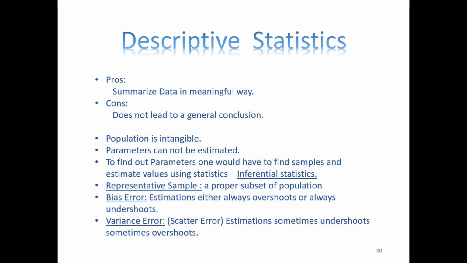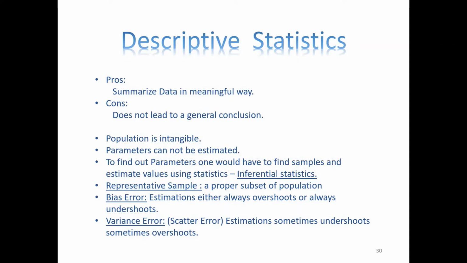So what we do is we use the sample statistics, basically the values associated with the samples, to estimate the population. Here comes the same thing which I told you earlier: the sample statistics would be able to correctly estimate your population parameters if and only if your sample is a proper subset of your population and is a proper representative of your population.